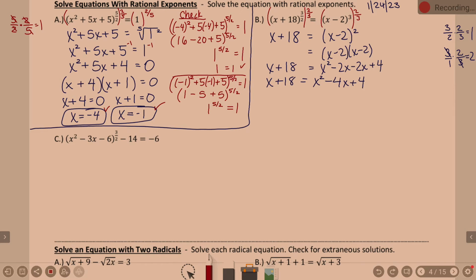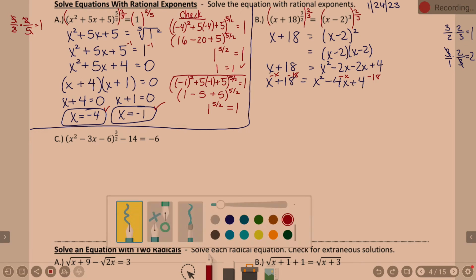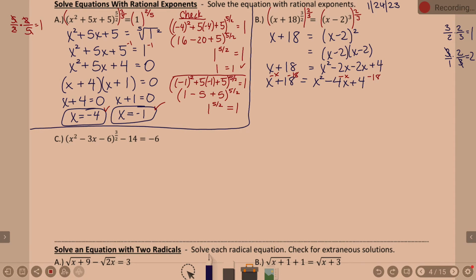So in order to make it equal to 0, I'm going to subtract x and subtract 18, keeping my x squared term positive. So 0 equals x squared minus 4x minus 1x is going to be minus 5x. 4 minus 18 is minus 14.